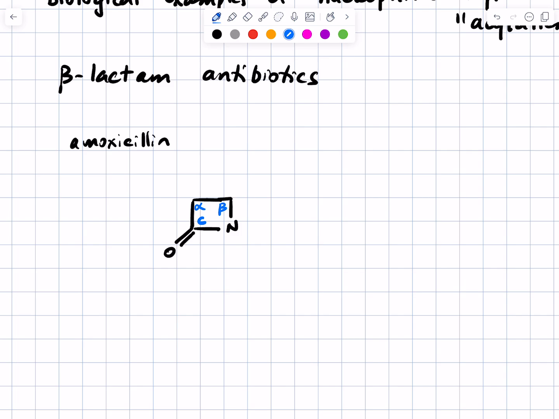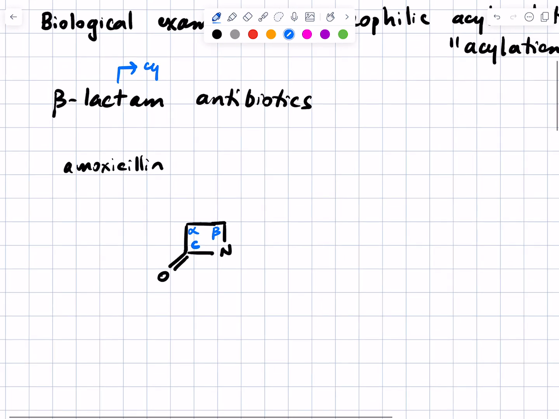Cyclic amides are called lactams for whatever reason, not sure why, but a cyclic amide is a lactam. A beta-lactam is a cyclic amide in which the nitrogen is attached to the beta carbon. So beta-lactams necessarily are 4-membered ring containing compounds.